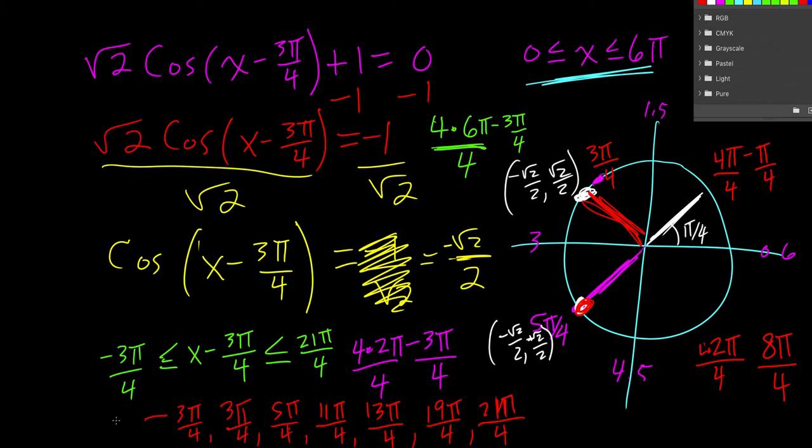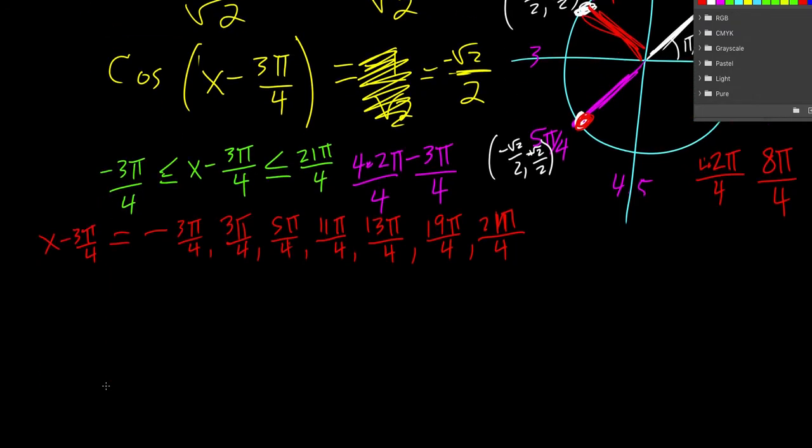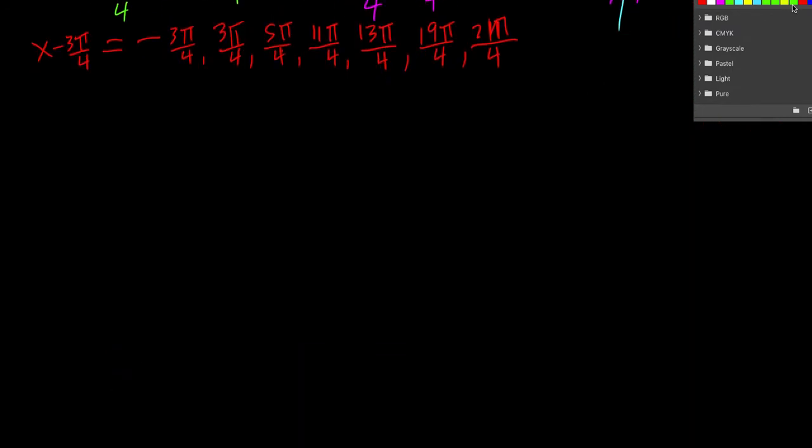Okay, now keep in mind this was x minus 3 pi fourths. So to find our actual answers just for x, we have to do a little bit of algebra. And so we're just going to add 3 pi fourths to each of these answers. So that first one becomes 0. This one becomes 6 pi fourths. And I'll simplify these in a second.